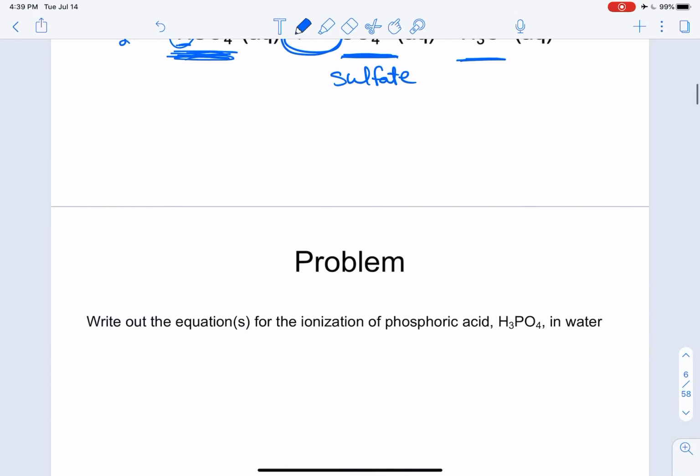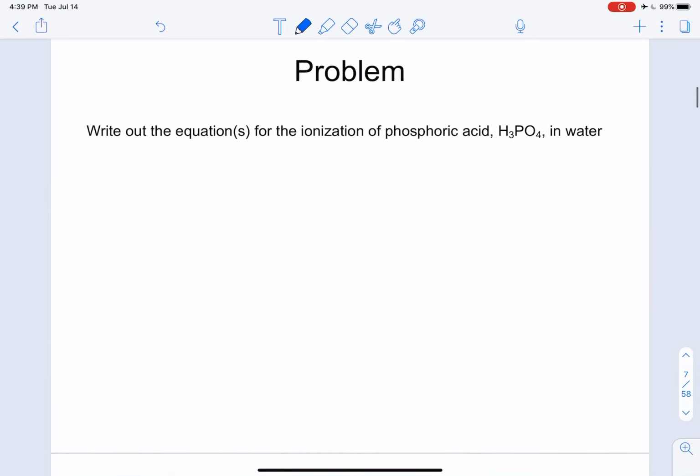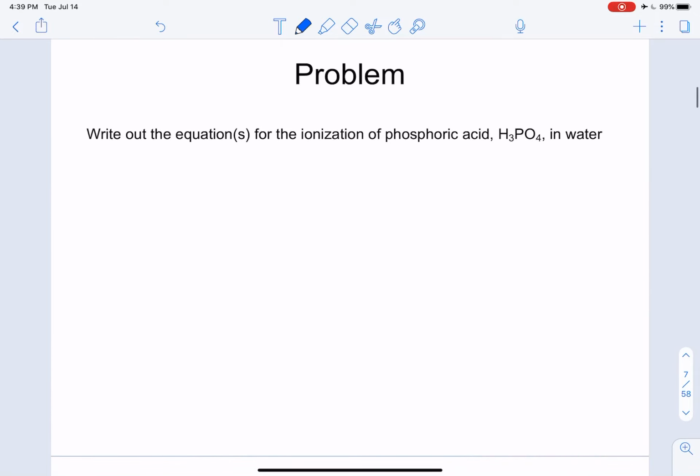All right, so let's do a problem. Let's write out the equations for the ionization of phosphoric acid in water. So phosphoric acid is H3PO4. So what we want to do is write H3PO4.